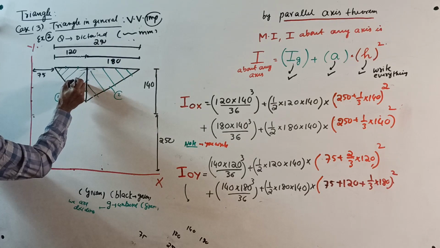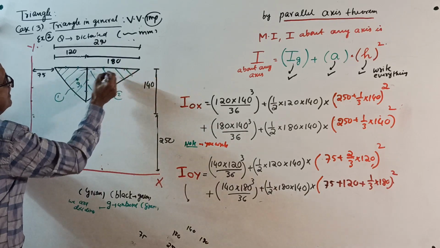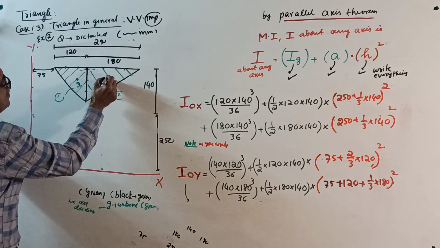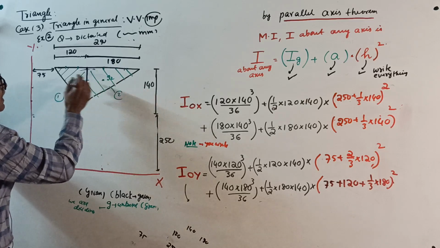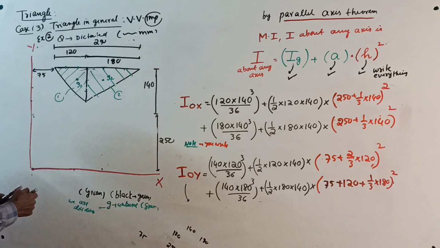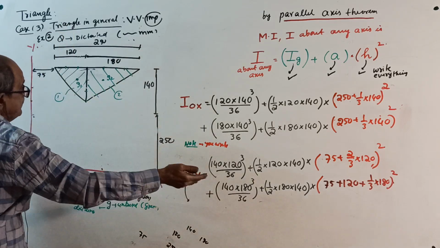Two right angle triangle, G1, G2. See, G1, G2 are same level, this way different. Okay, start. I about OX, first here.